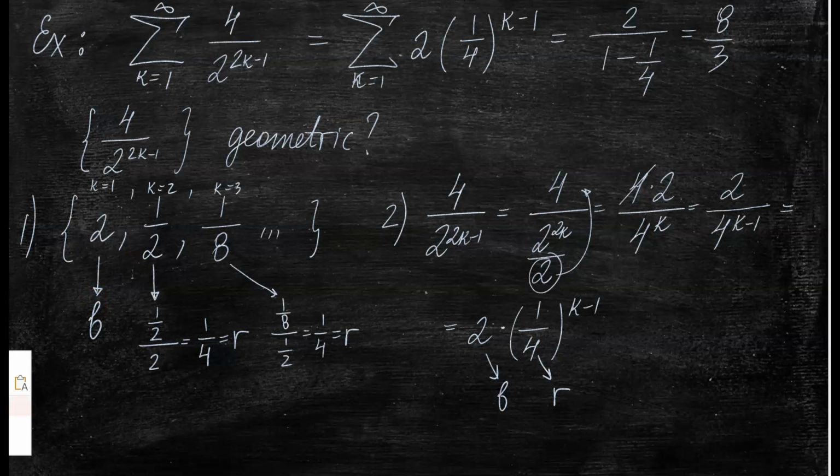Now let's practice this process again. So let's take now the series, but this time we actually want to start at 0. And it doesn't even look like a geometric series here, but if it is, then all we need to know is b and r.